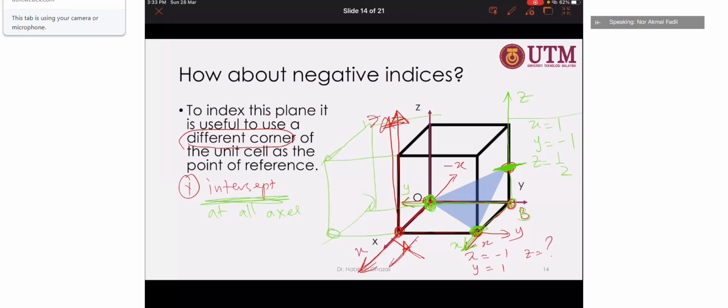Two, the plane is not crossing the origin. The correct origin must fulfill these two requirements: one is intercept, two is not crossing the origin. Then only can you give the index to your plane.